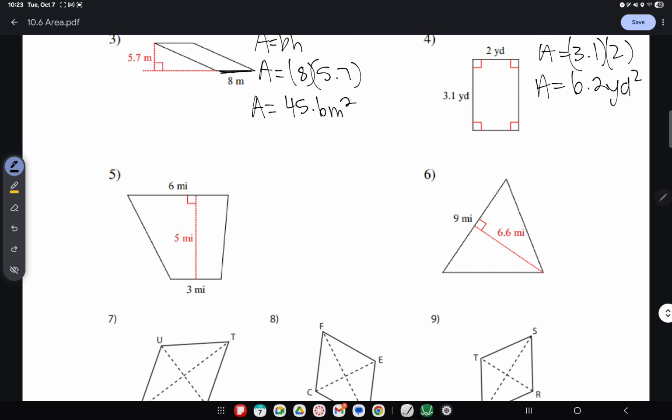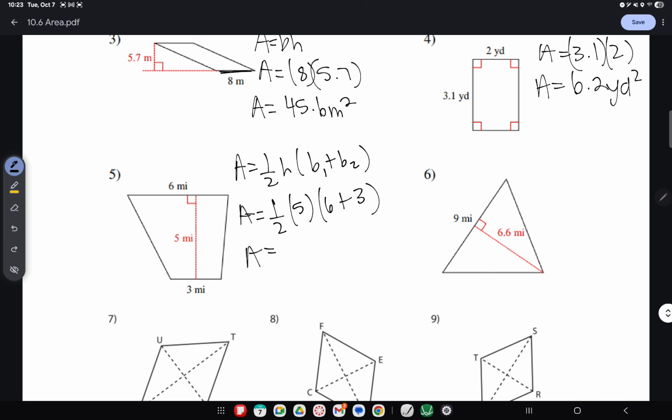We have a trapezoid here now. So the area of a trapezoid is 1/2 the height times the sum of the bases. So I get 1/2 the height, which is 5, and the sum of the bases, so 6 plus 3.